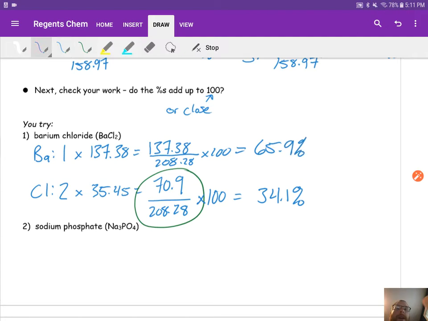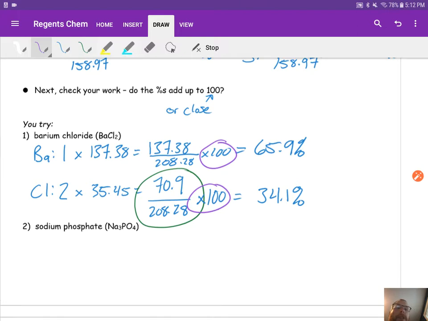65.9%. Now, one thing I want to point out: a lot of times each year on the Regents, they ask you to show your work or give the setup of percent composition. I circled in purple the times 100. I can't tell you how many students of mine last year missed easy points because it asked for the setup and they forgot to put the times 100.